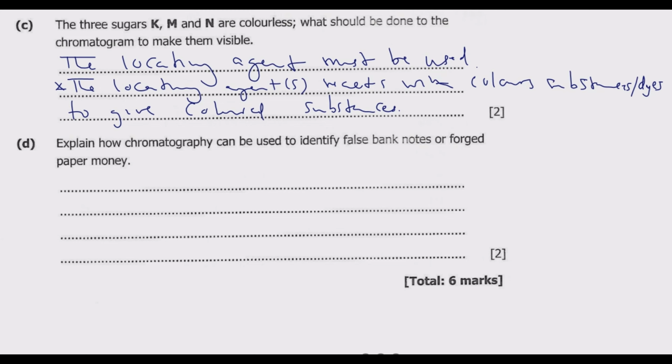Once it's separated, then the ink in that suspected banknote will be compared with the ink found in the original or ordinary banknote, especially the one used for signature. Then the difference in inks is an indication of forgery.